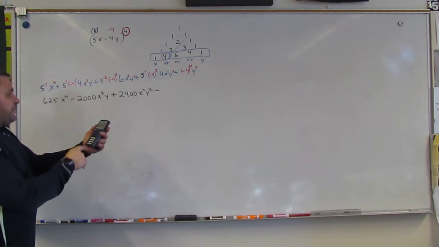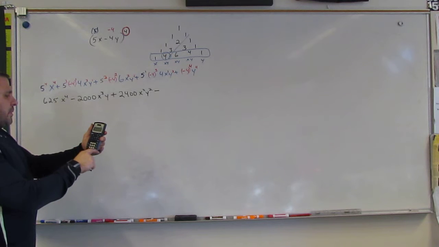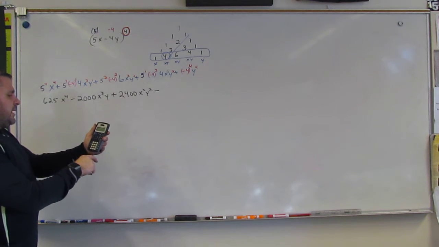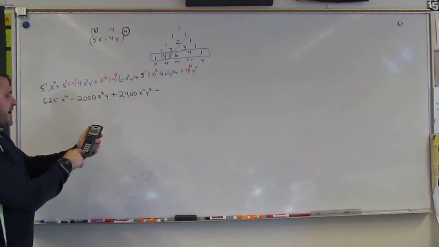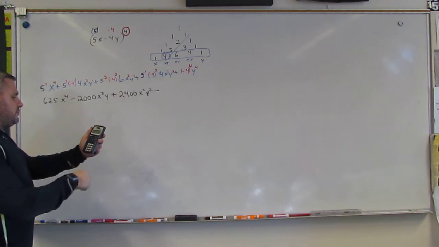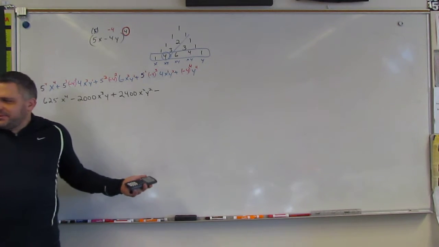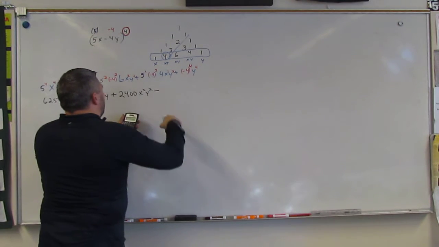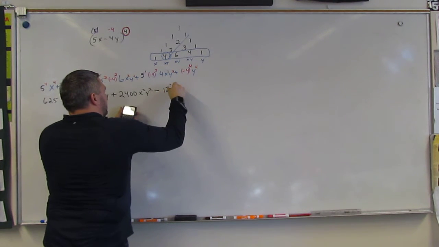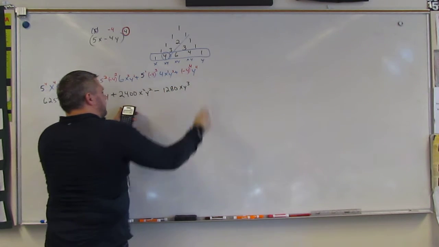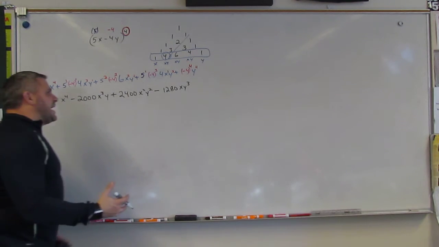So I could do 4 to the 4th power, hit equals, which is 256, and then say times 5. Or you could do 4 to the 3rd times 4 times 5. It's up to you. Okay? But still it is 1280 x y cubed.